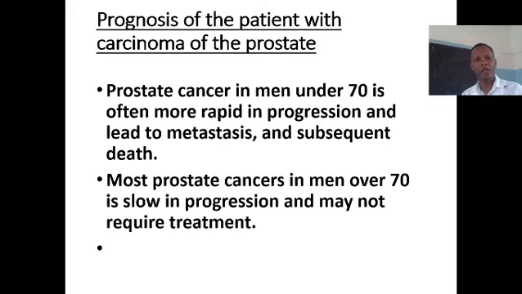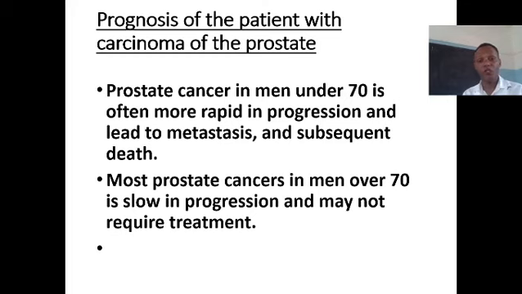In men under 70, it is more often rapid in progression, and it leads to metastasis and subsequent death. Hii sasa inakuja mara nyingi, nimesema wanakujaga late sana mpaka wagundua kwamba wana prostate cancer. Unakuta tayari imeshametastasize, imeshaenda kuharibu sehemu nyingine, imeshaenda labda kwenye lungs, kwenye brain na sehemu nyingine za mwili.